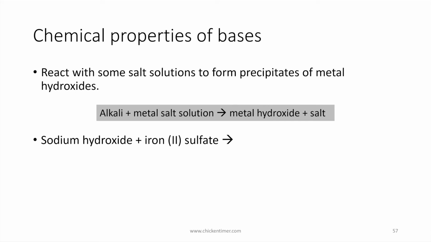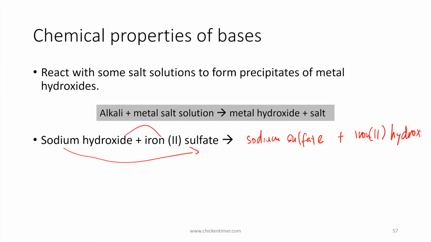So what happens is, with sodium hydroxide here, sodium will take the sulfate and the iron will take the hydroxide, and eventually we'll get sodium sulfate and iron 2 hydroxide. So this is the salt, and this is the metal hydroxide.